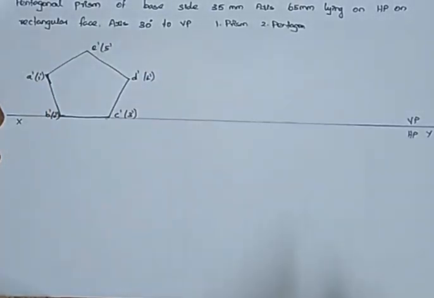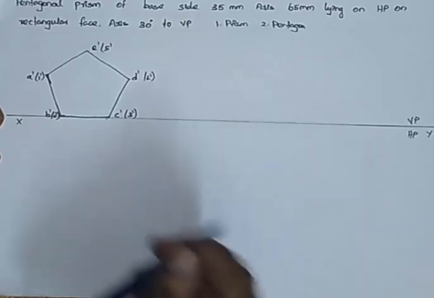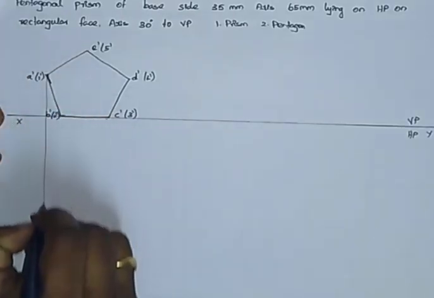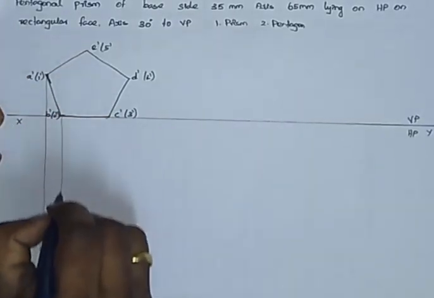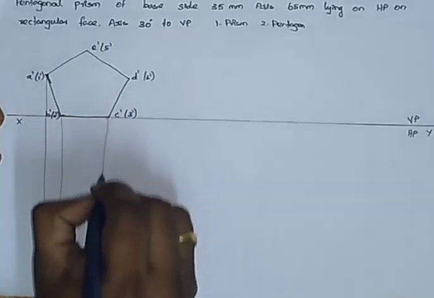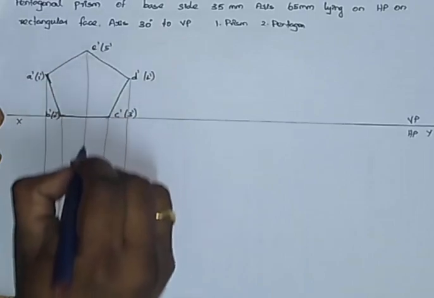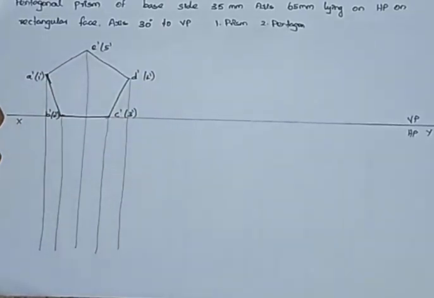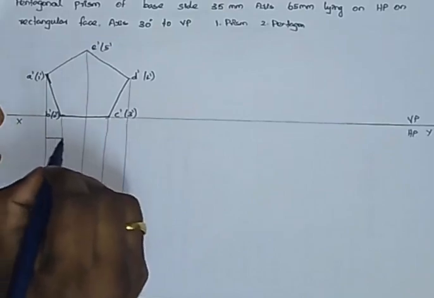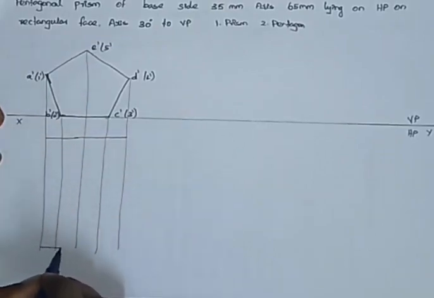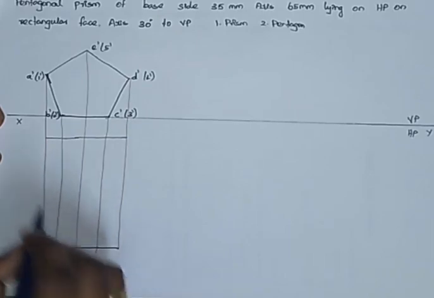So in the top view you will get only the rectangular face. So you just project all these lines towards down. And now the axis height given is 65 mm. So from here make a horizontal line. So at a 65 mm height you make another horizontal line here.